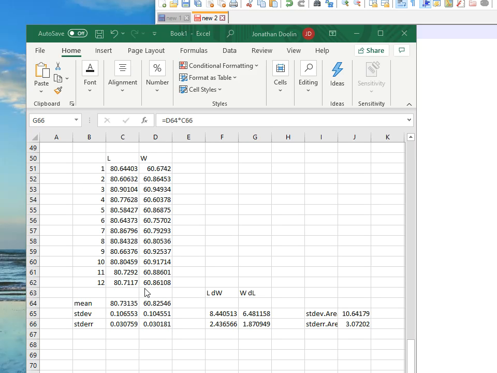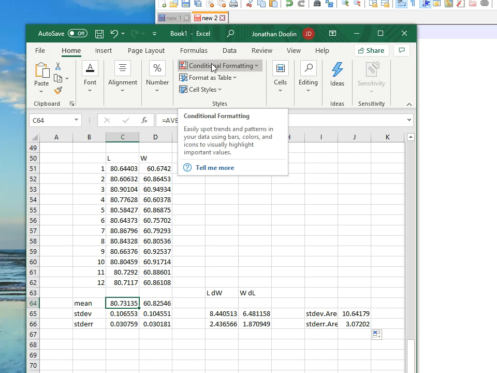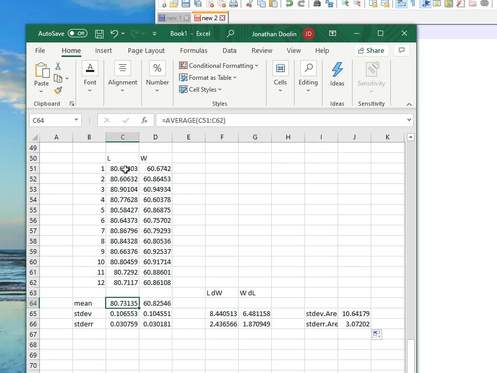Another trick that might be of interest is, how do we find out which of these lengths is within the standard error of the mean? I'll show you a couple of tricks. One is conditional formatting. Watch this.